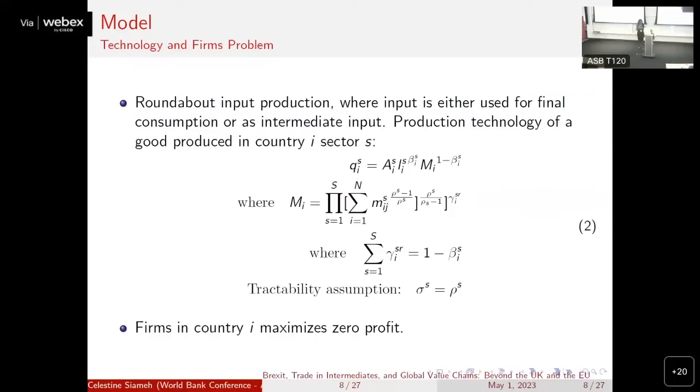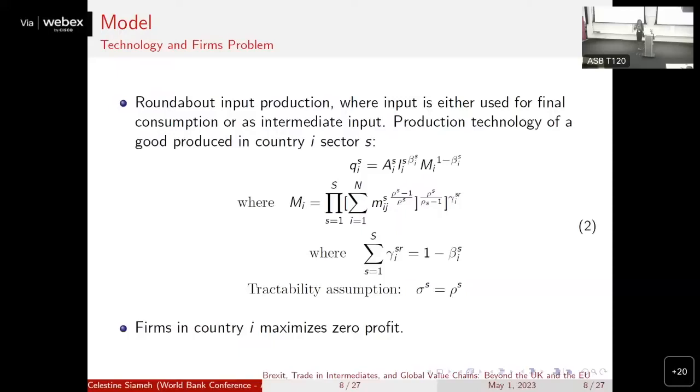So this is the production problem, whereby I have a round-about input production. And if I say round-about, it's whereby input is either used for final consumption or used as an intermediate input. I have the output being produced, depending on the technology, which is the A_i, and depending on the labor demanded, which is the L, and on the composite intermediate input.